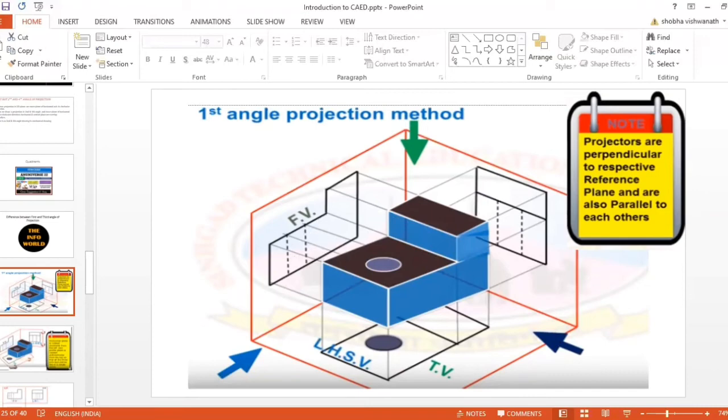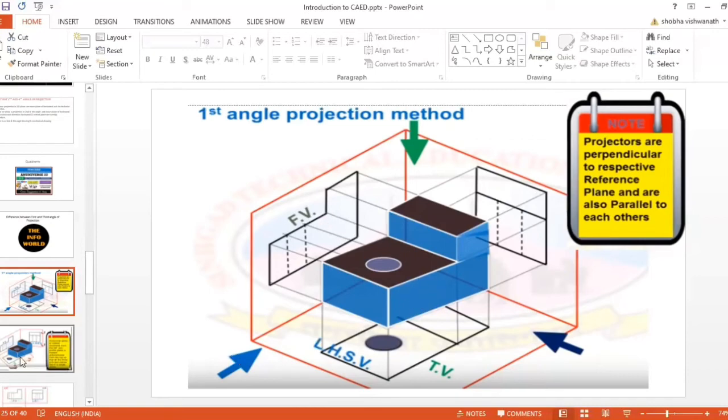Projectors in the first angle projection system are perpendicular to the respective reference plane and also parallel to each other. But it is very difficult to draw a three-dimensional drawing by taking the front view, top view and side view. So how do we represent it on a plane sheet with a two-dimensional drawing? This is a two-dimensional representation.